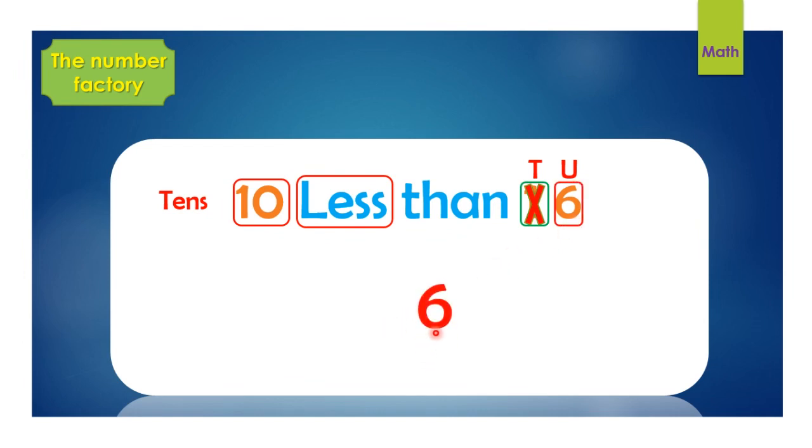So the answer will be 6. Did you get it? Because 16 means that I have 6 and 10. When I take 10 away, because here he said 10 less, how many left? Only 6. Let's move and take another one.